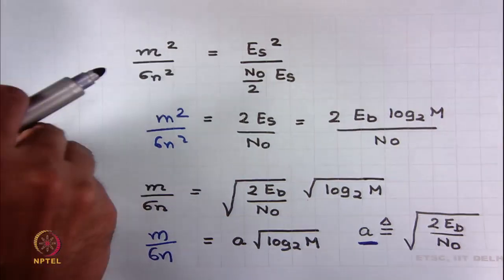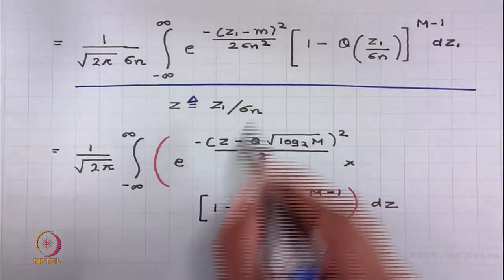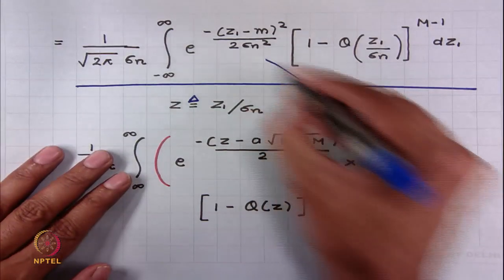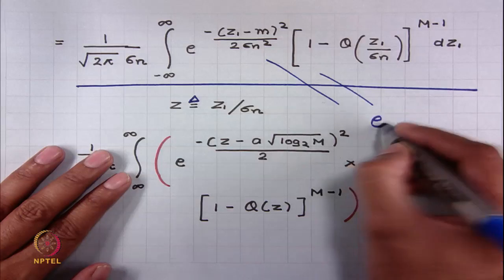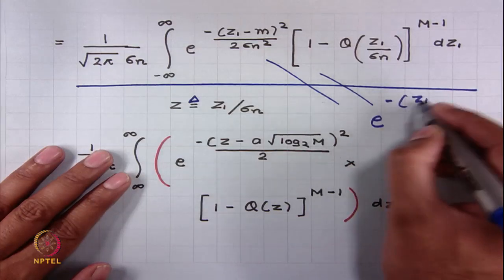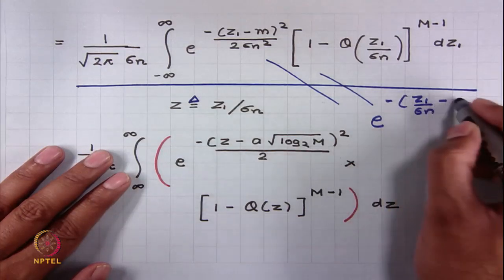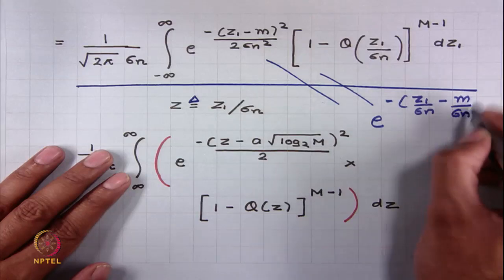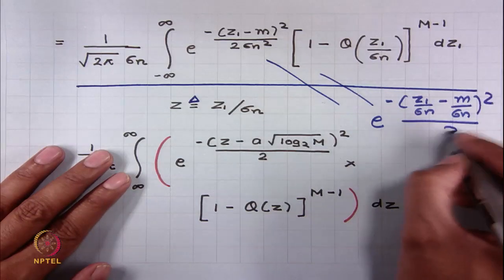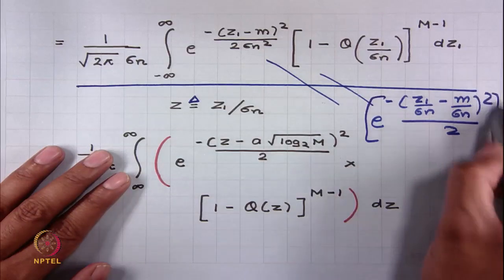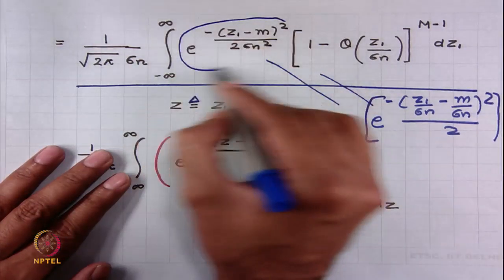Now, let us look at this again. So, what we are trying to do is we want to write this as Z1 by sigma n minus m by sigma n whole square by 2. So, look at just this term.